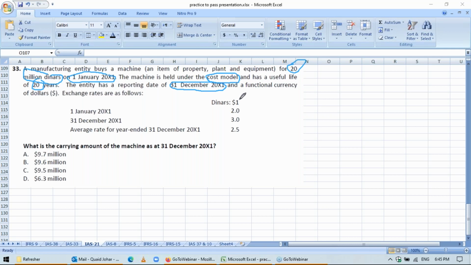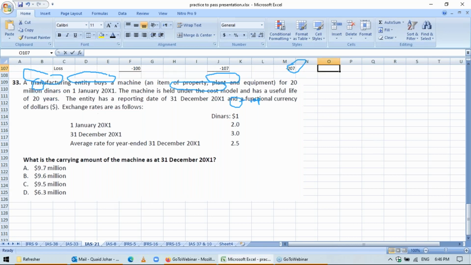So you have to convert dinars into dollars, and the price of dollar is given again, and this is the functional currency or the reporting currency. So what is the carrying amount of the machine at 31st December 2001? Initially they will recognize it at spot rate and then deduct the depreciation to arrive at the carrying value. So this will give you the cost of property, plant and equipment. This will be 20 million dinars divided by the 1st January rate, which is 2. You get $10 million.